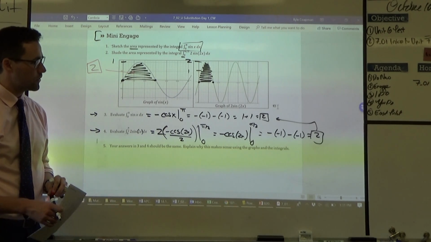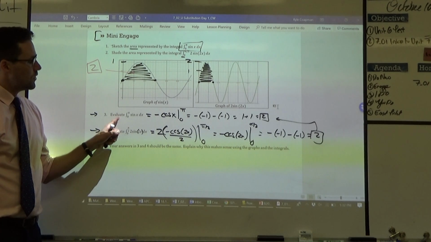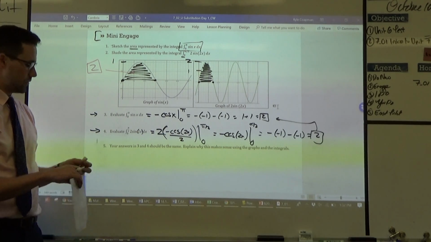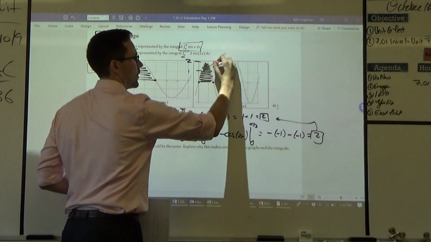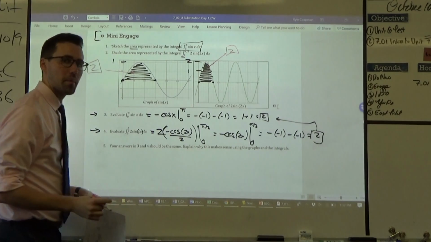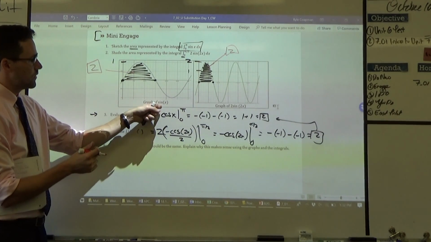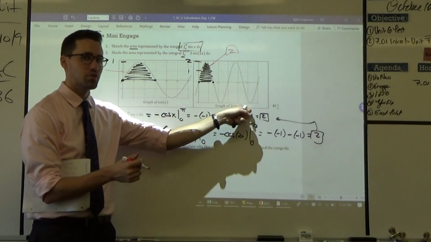So answers in 3 and 4 should be the same. Explain why this makes sense using the graphs and the integrals. So the integrals both came out to 2, so I know they're both areas of 2. Well, how is that possible? Let's think about it. This was sine of x, so that area is 2. This was 2 times sine of 2x.